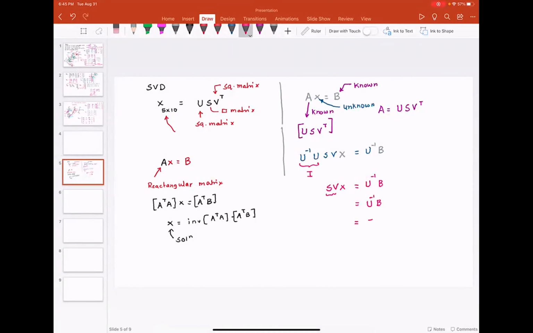So S times V transpose X equals U transpose B, and then basically you have X, which becomes V S inverse U transpose B is equal to X.